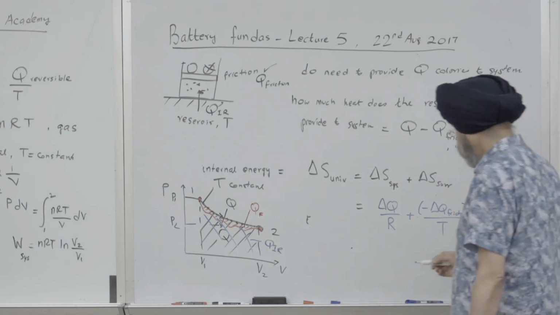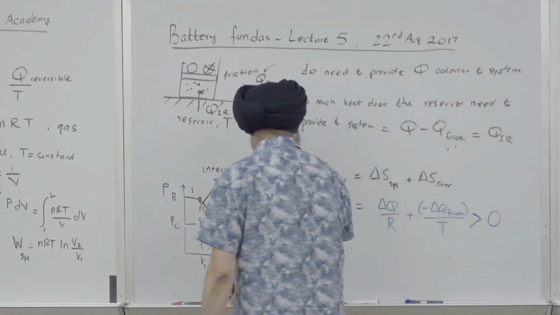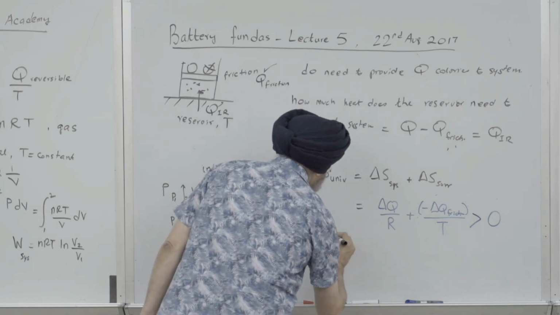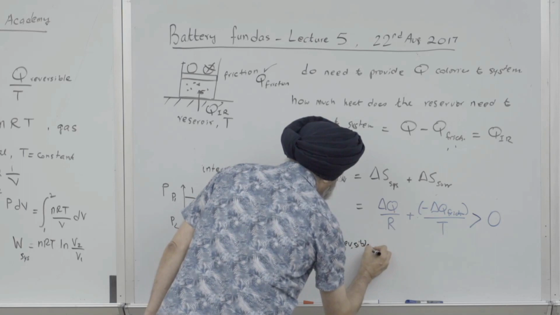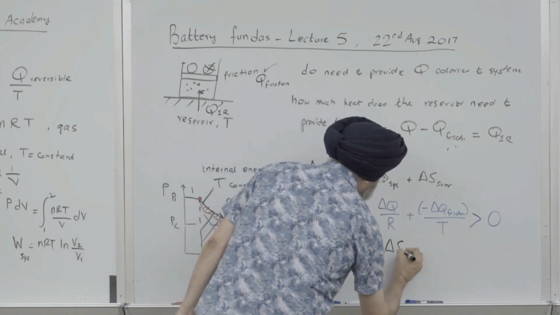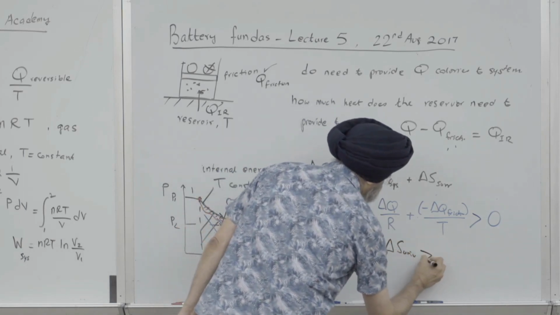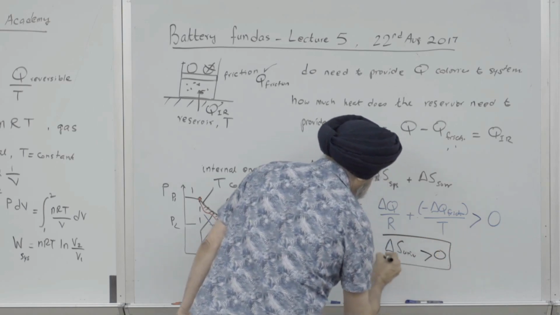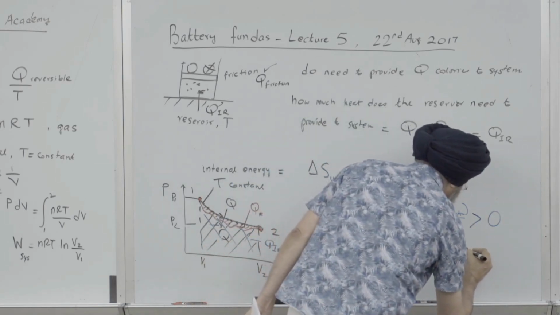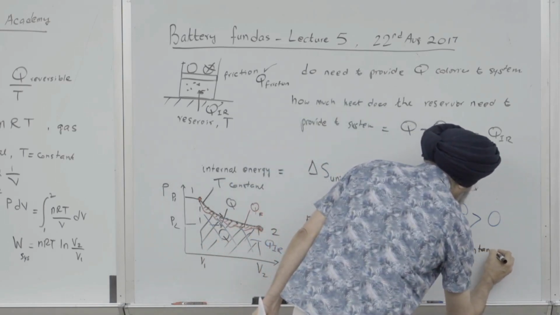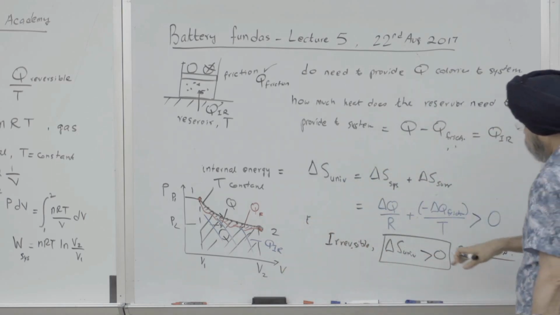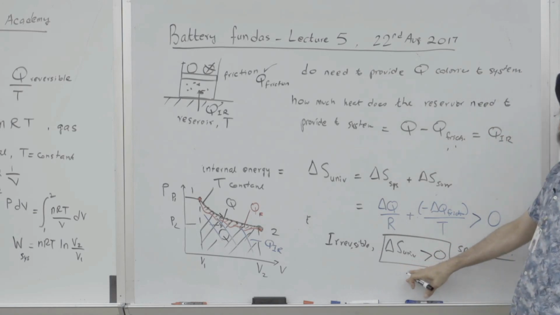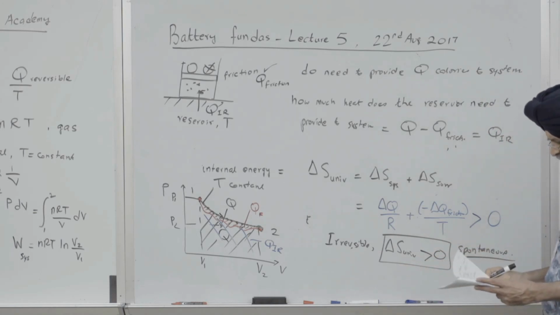That's another theorem: for irreversible processes, delta S universe is greater than 0. So this is a spontaneous reaction. For spontaneous reactions, the entropy of the universe increases.